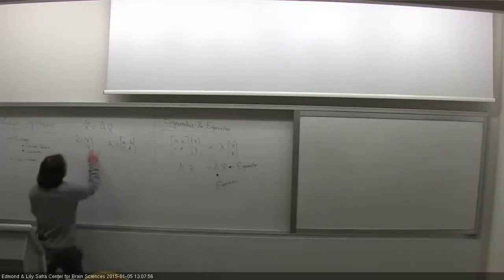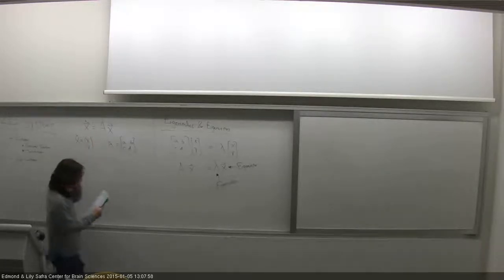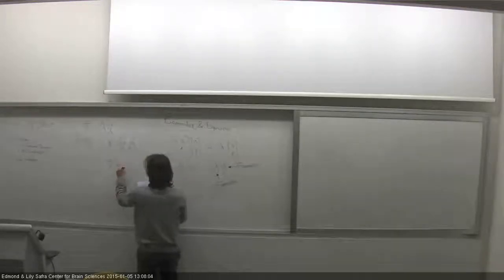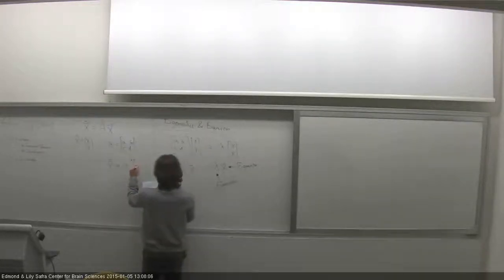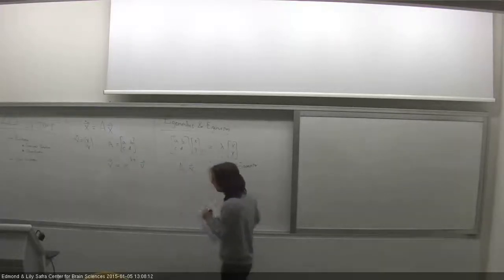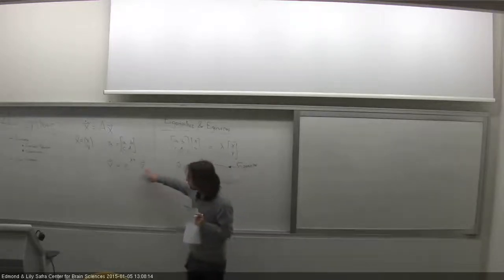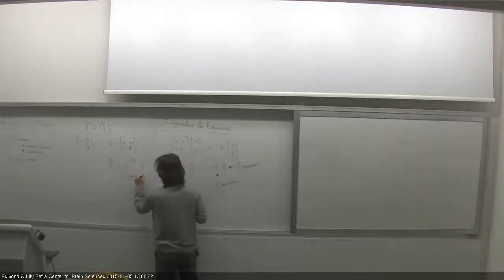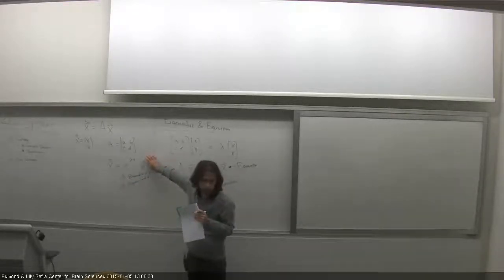So I'm telling you that the solution to this system is of the form, there is a solution of the form x equals an exponent of lambda t times some vector, where lambda is an eigenvalue of A, and V is some eigenvector of A. So I'm telling you that this is a solution.